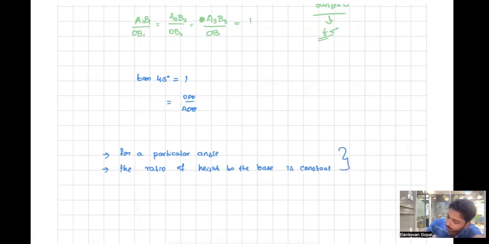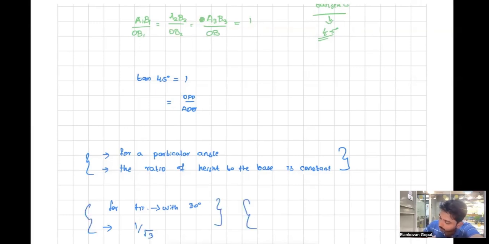This is the general statement. For a triangle with 30 degrees, the ratio of height to base is 1 by square root of 3. This is what comes from our observation.